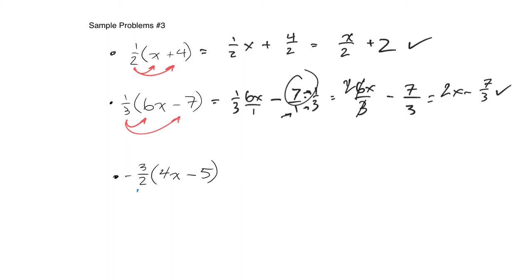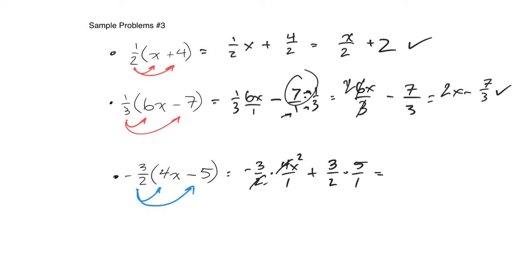Here I have negative 3 halves times parentheses 4x minus 5. So it's going to be negative 3 over 2 times 4x over 1 minus, plus negative times a negative is a positive. 3 over 2 times 5 over 1. Let's simplify. Factor out the 2.